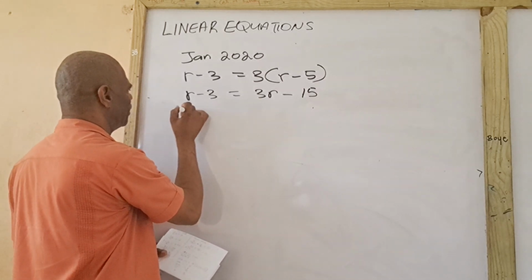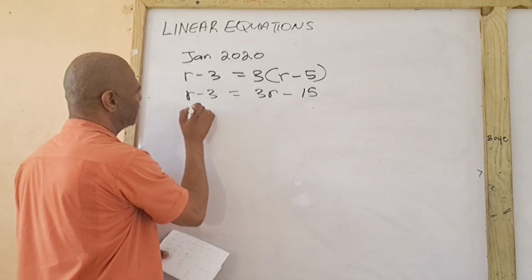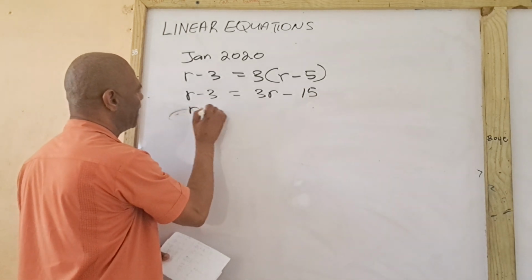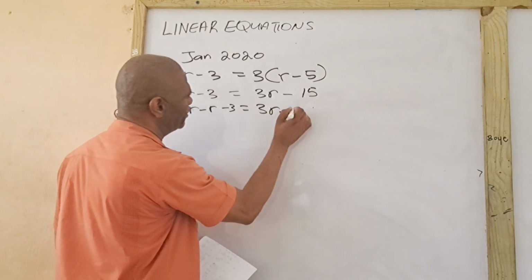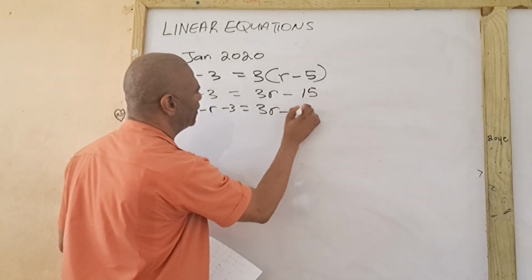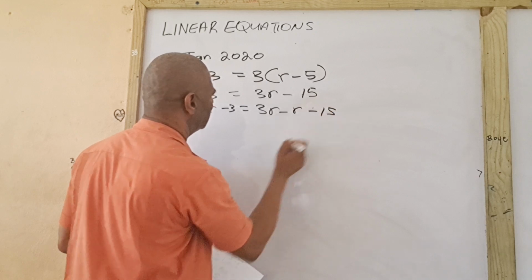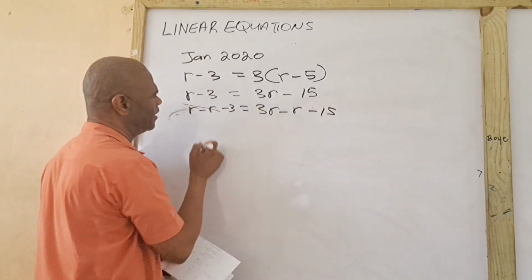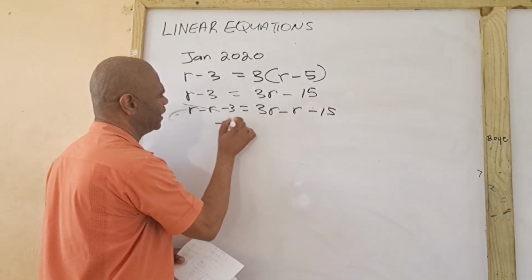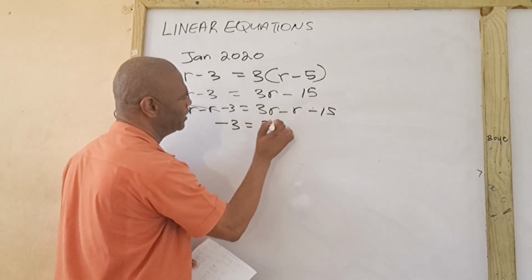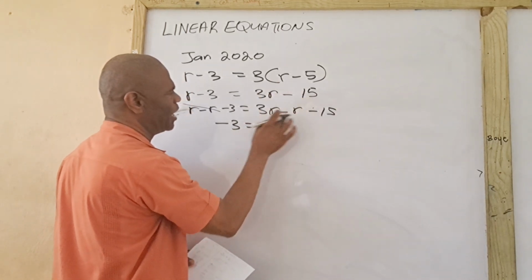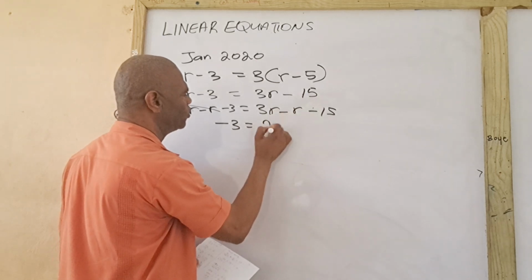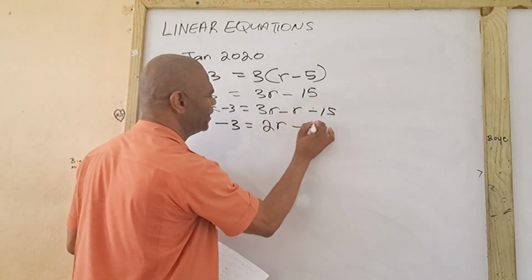So we subtract r, so it's r minus 3 equals 3r minus 15. Right? Now r minus r is 0, so we're left with negative 3 equals 3r minus r, just let's do the operation. 3r minus 1r is 2r minus 15.